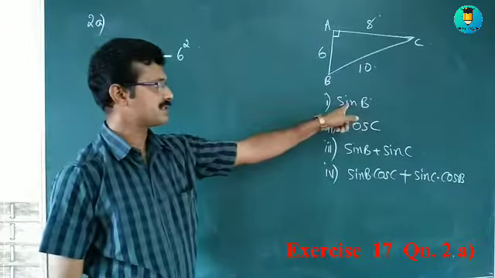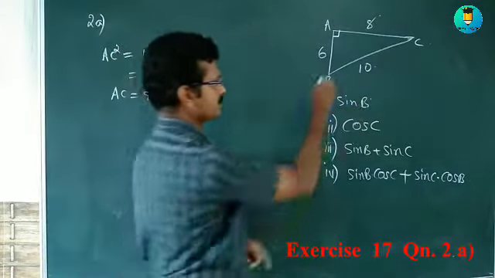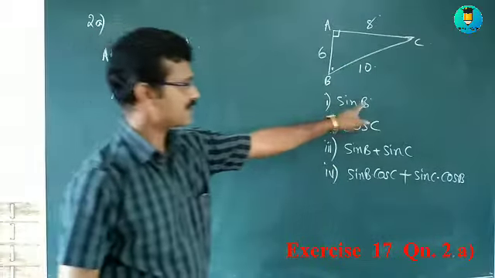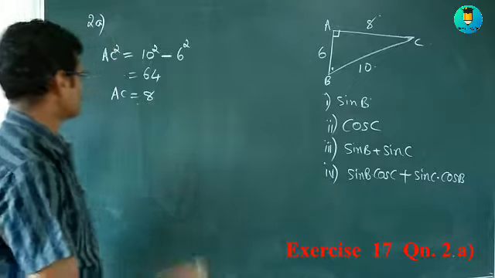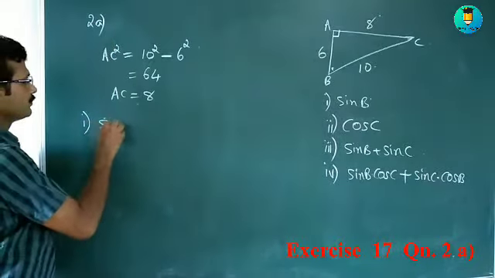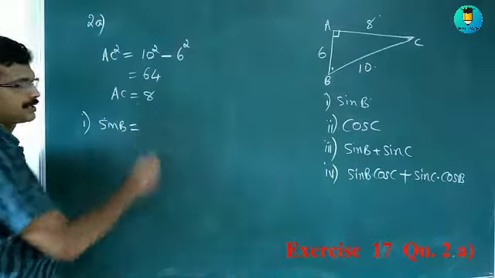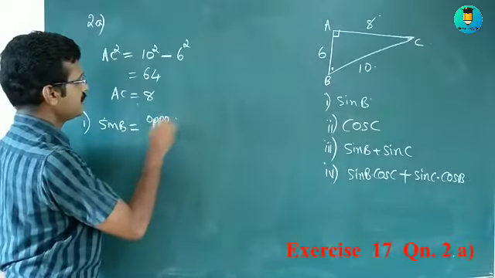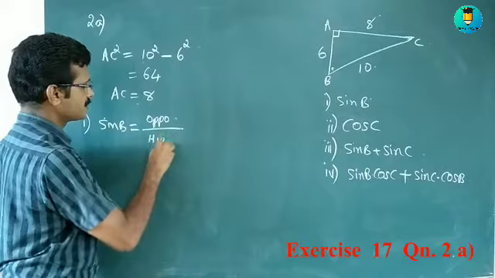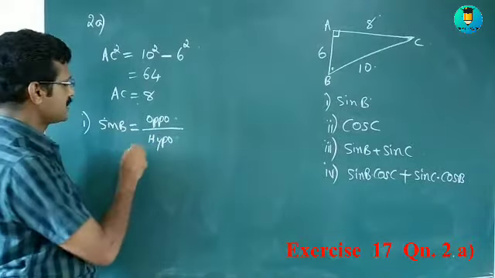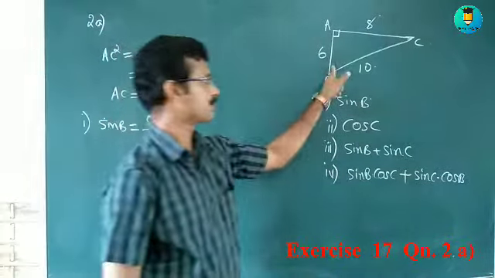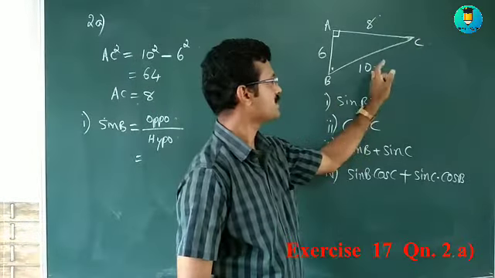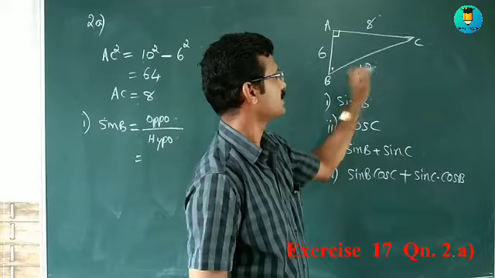Now we have to deal with this B. The angle is given B. So you have to know which angle. Sin B, this is the angle. We know sin theta is equal to opposite side divided by hypotenuse. So sin B with respect to B, opposite side is AC and hypotenuse is 10, that is BC.